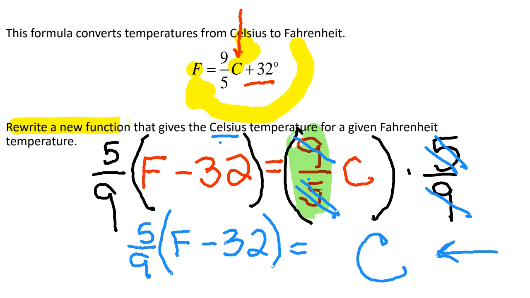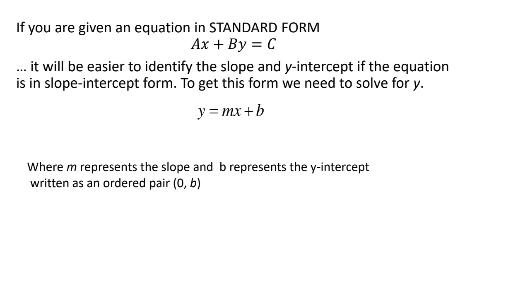Now here we go again. This is something you're going to find quite a bit, and they are now introducing you to this. If you're given the equation in standard form, now notice this says AX plus BY is equal to C. It is easy to identify the slope and the y-intercept if we solve for y.